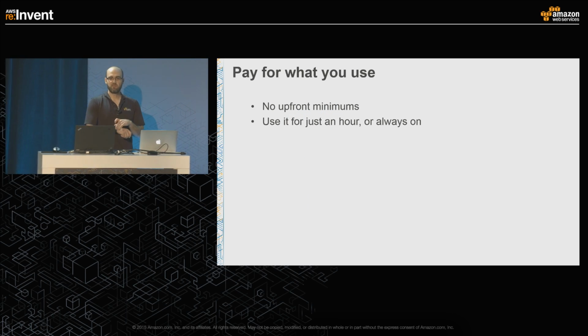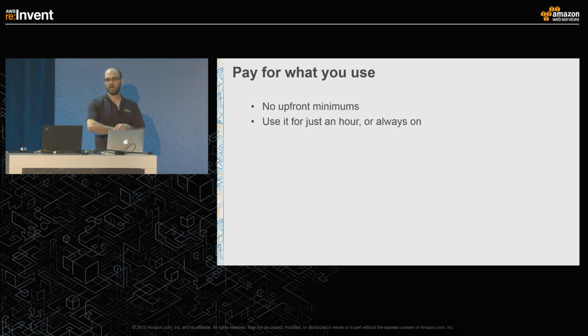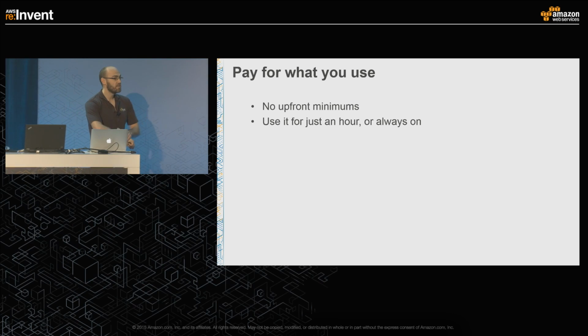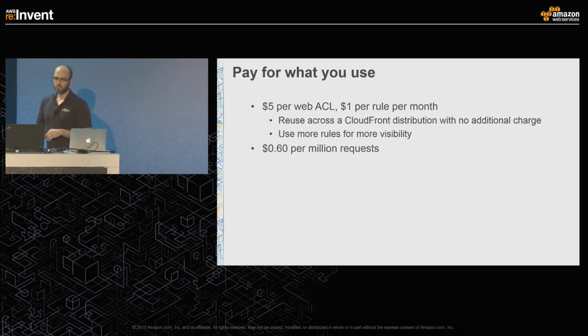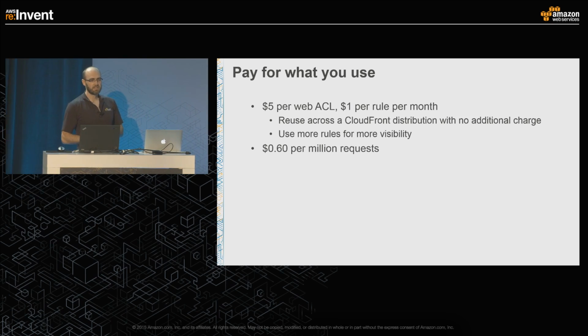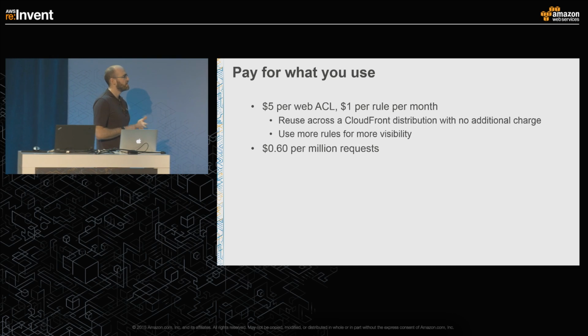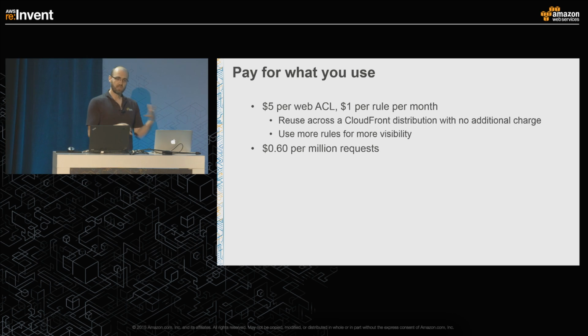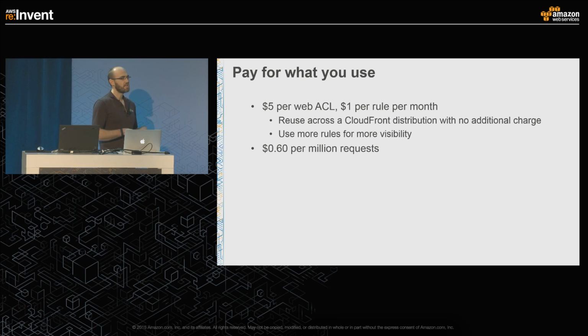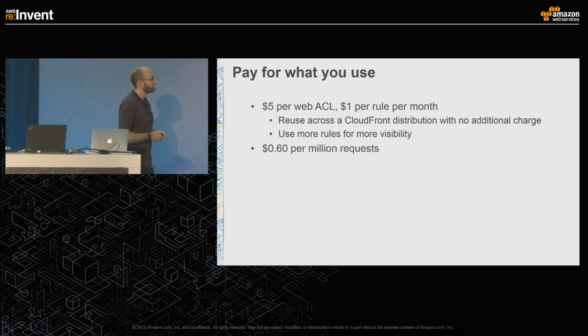With AWS WAF, you pay for what you use. There are no upfront minimums. If you want, you can use it for just an hour, or you can leave it always on. It costs $5 for each WebACL and then $1 for every rule inside of a WebACL. But you can reuse those WebACLs across as many CloudFront distributions as you want with no additional charge.